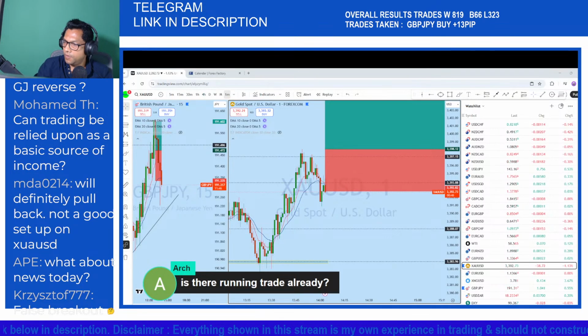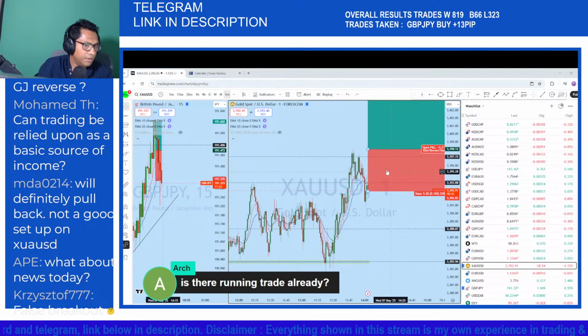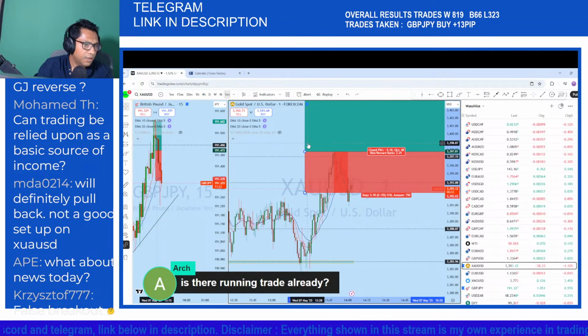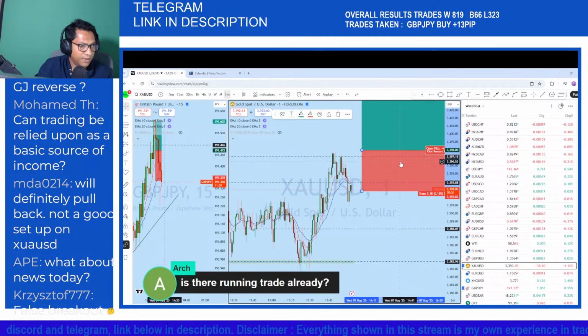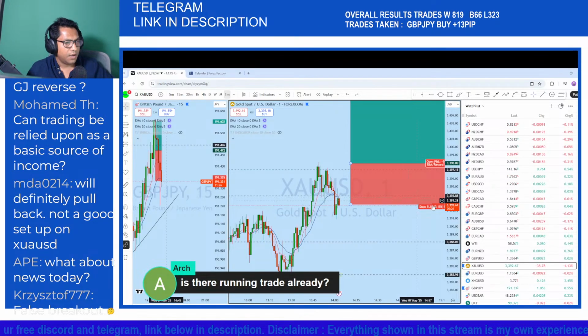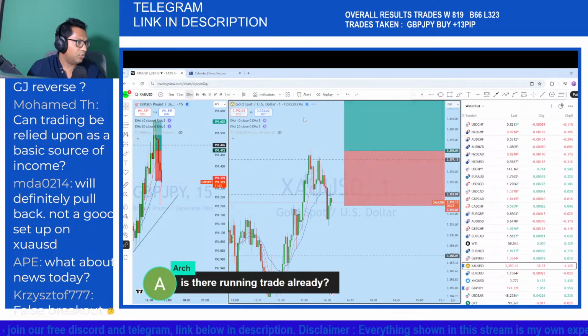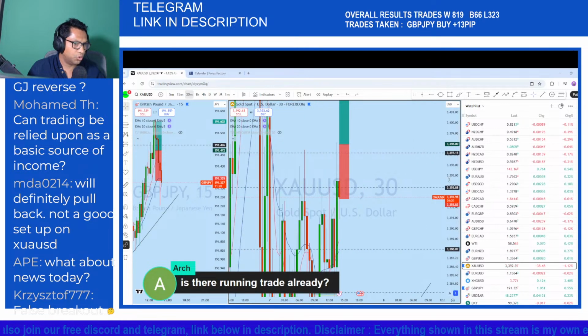We place the buy stop, and if it is going up from that level, that is where we are on the trade. Now if it is not going up, then we have to wait for the market to show clear direction.